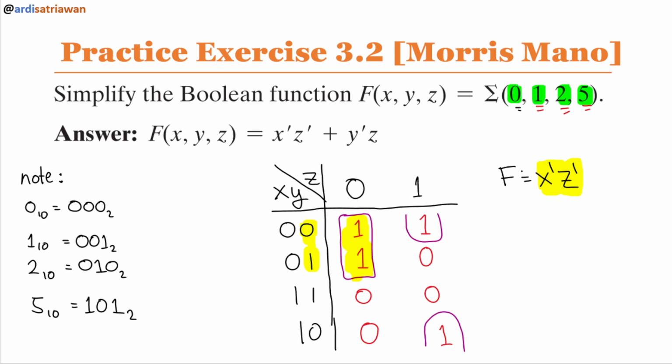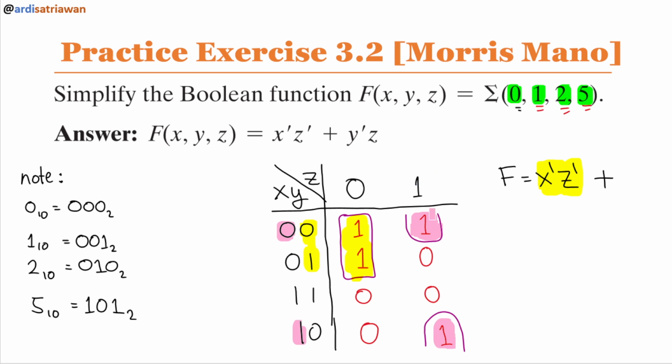Now let's move on to the other part. Maybe I just color that pink. This one here and this one here. Now let's look at what's different between the pink ones. The x is different because one says 0 and the other says 1. The y is the same because that is 0 and 0. The z is obviously not different because z is only one variable here.